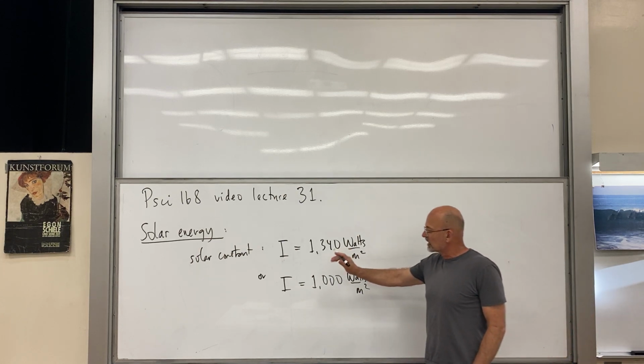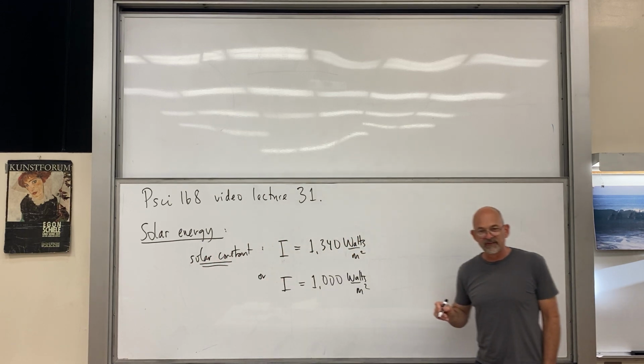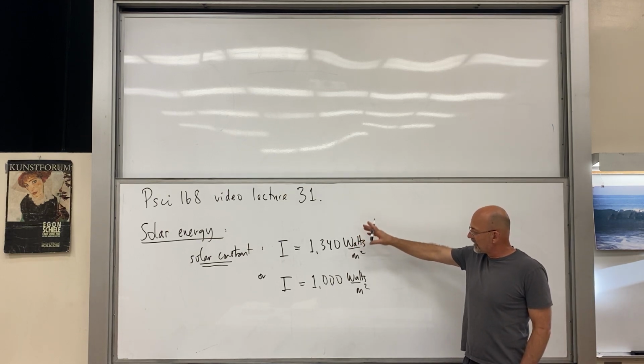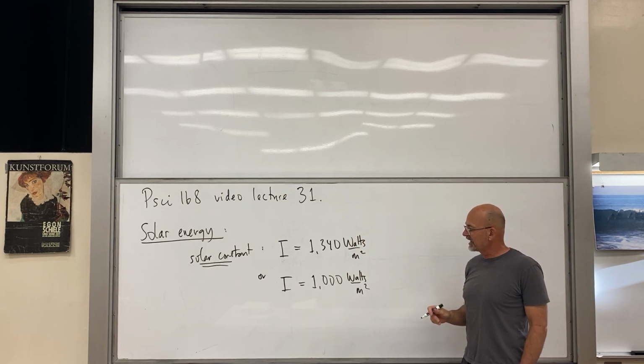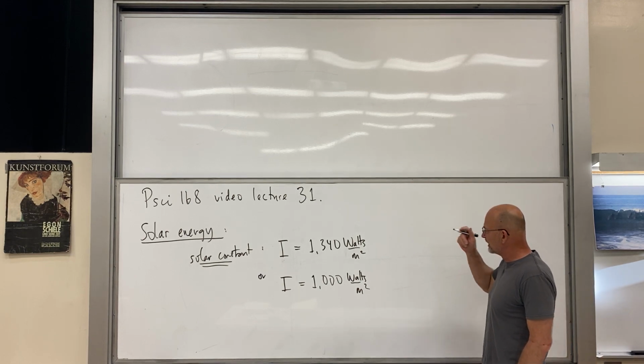We discovered the solar constant. In fact, we used our knowledge of thermal physics to figure that out. But this is energy per time, right? Power. And it can be converted into different forms. And that's what we're going to go into.